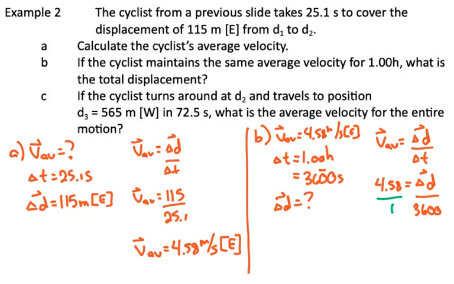We'll round it to 3 sig figs, and we get 16,500. This is displacement, which is measured in meters. And as it is a vector, we do need a direction. Continuing moving to the east would allow this displacement to be to the east as well.